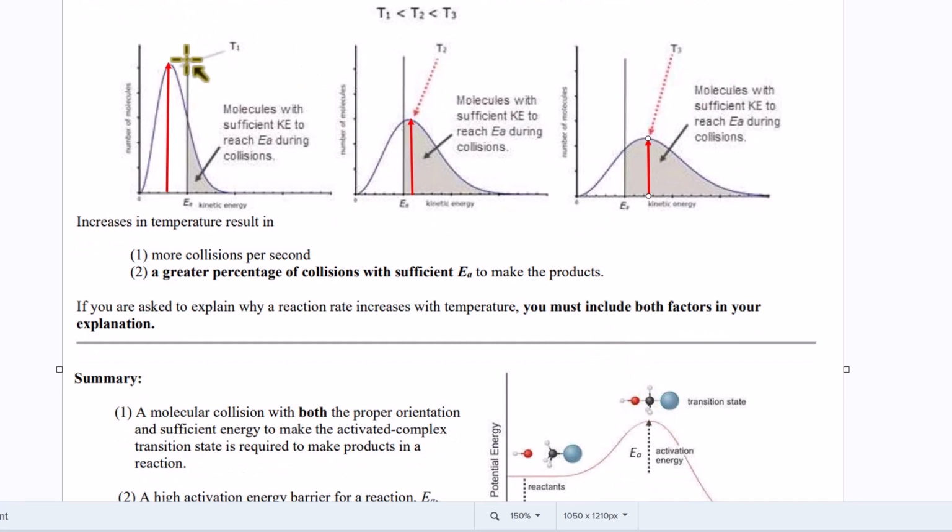In other words, if you have this energy or greater, you can make it up the hill. And at this low temperature, you can see there are not many molecules that can get up this hill with their collision. This is the lower temperature where a smaller percentage of the molecules can make it up to here. A few will, and will make some product.